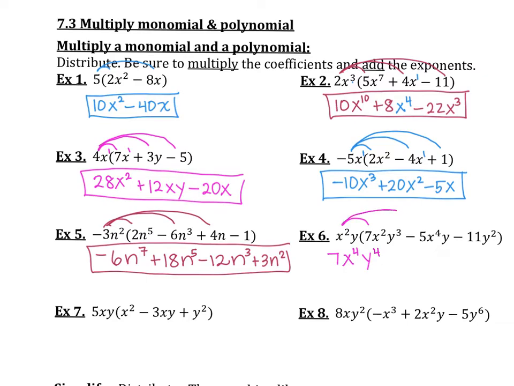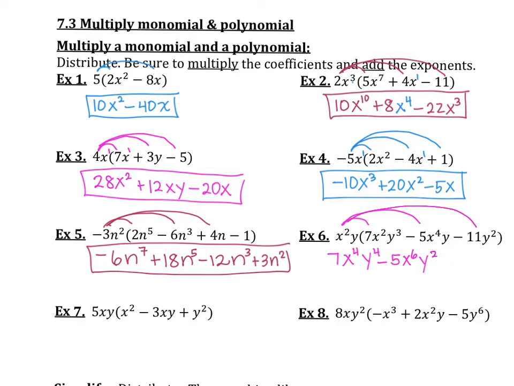Next one. Okay. The only coefficient is a minus 5, so I will keep that the same. For the x's, I have 2 plus 4, so that's 6. For the y's, I have 1 plus 1, so now I'm at y to the second. Okay.